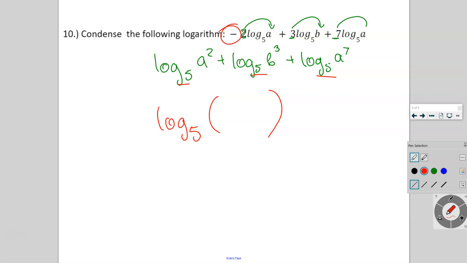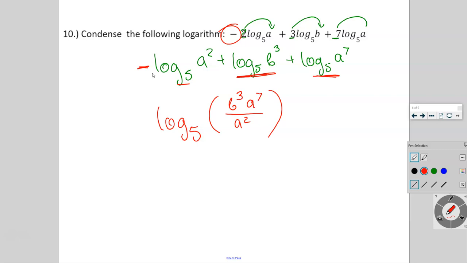So the negative log base 5 of a squared is going to go on the bottom, because negative indicates it's going to go on the bottom of the fraction. Log of b cubed and a to the 7th are going to go on the top because they're both positive.